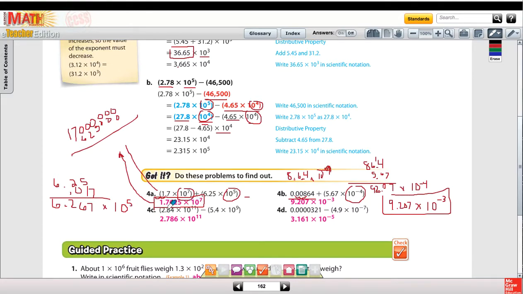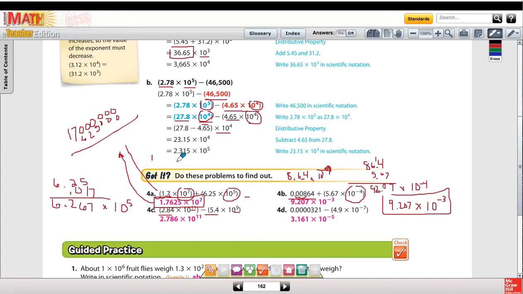Okay? And if you try 4C and 4D on your own, again, making sure that you're subtracting on these and you're making sure that your exponents match before you do any operations with these numbers. So on this one right here, I changed that to 1.7 times 10 to the 5th power, but I think that I moved it over too many places to the left instead of to the right.